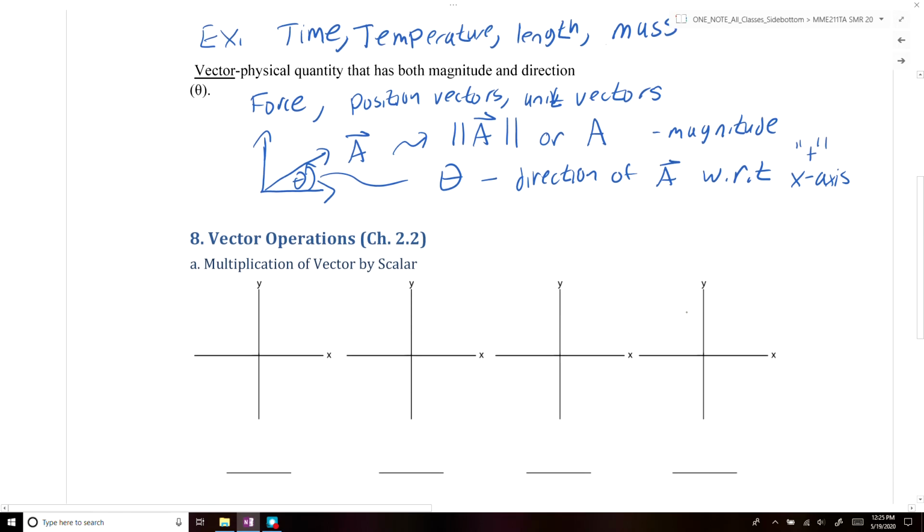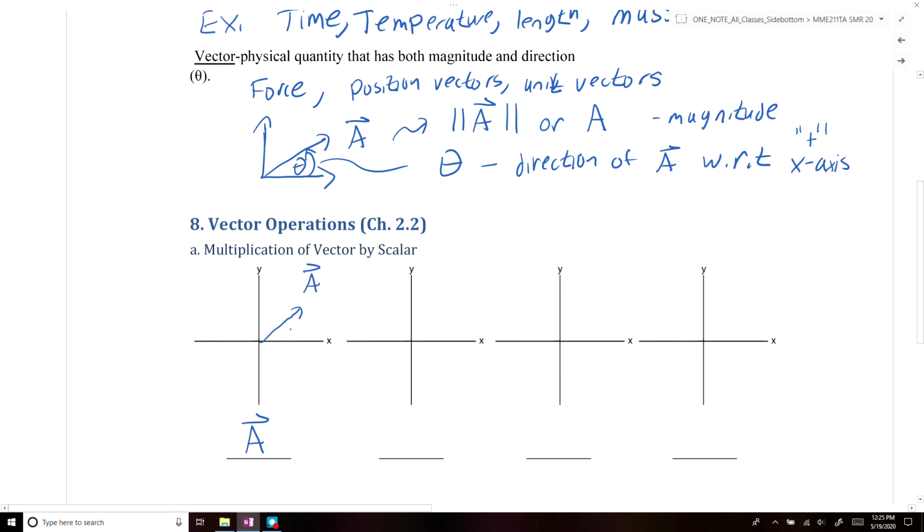Okay. With that being said, there are certain operations that you must be able to do, or you'll do commonly in this course. One of them is if you're going to multiply a vector by a scalar number. So for example, if we have our original vector, vector A, we can draw it out, and vector A has an angle theta.